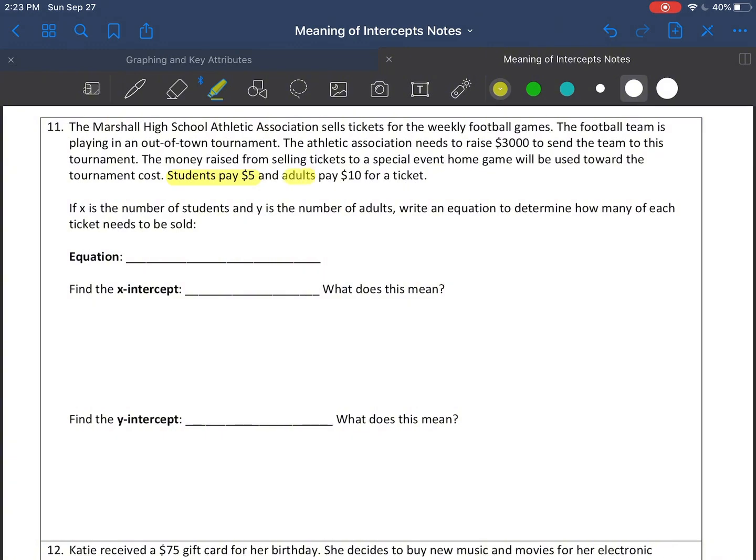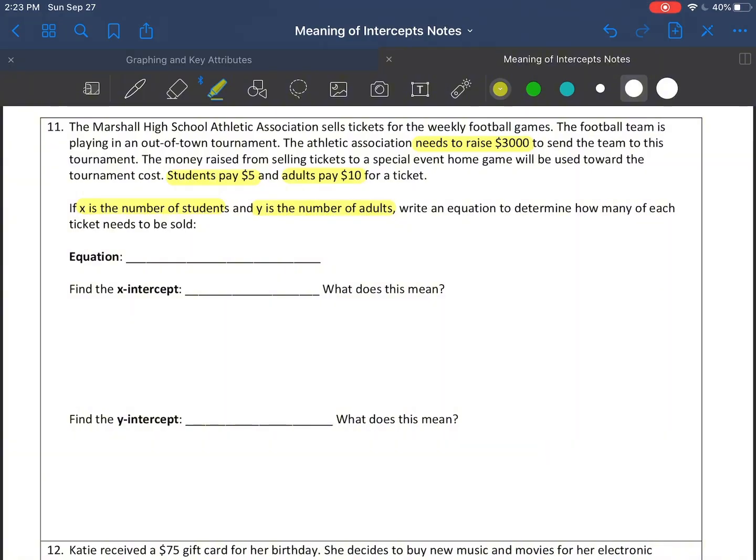And so just highlighting some important information, students pay $5, adults pay $10, and they need to raise $3,000. So if X is the number of students, Y is the number of adults, write an equation to determine how many of each tickets need to be sold.